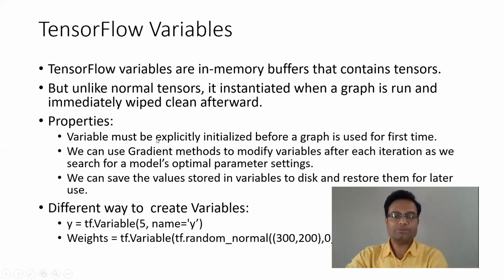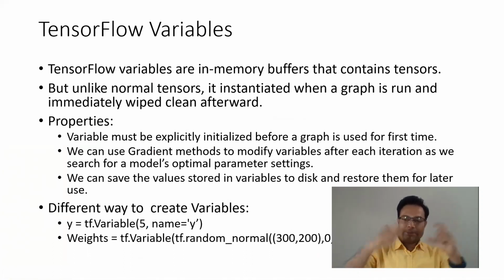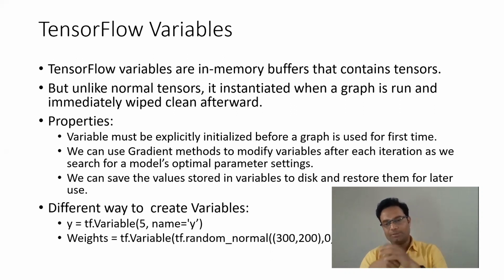There are three important properties of TensorFlow variables. First, a variable must be explicitly initialized before the graph is run for the first time. I will show in the code why it is important. Second, we can use the gradient method to modify the variable after each iteration. In deep learning, on every layer we calculate the logits and pass them into the activation function and then into the other layers. At the end, we have to tune the weights and the bias.